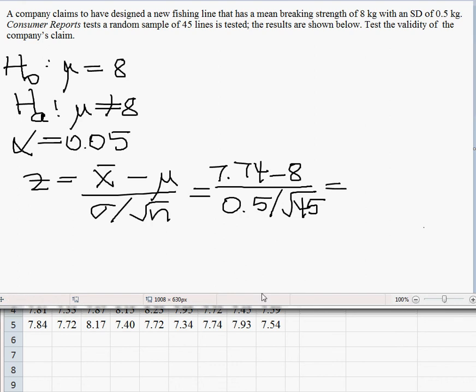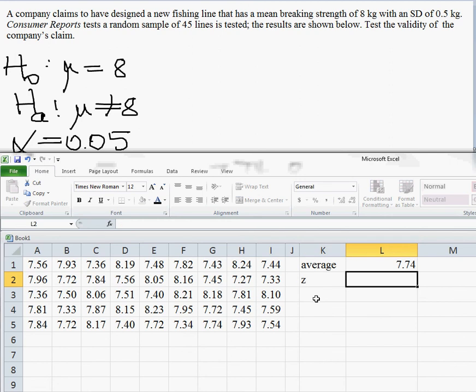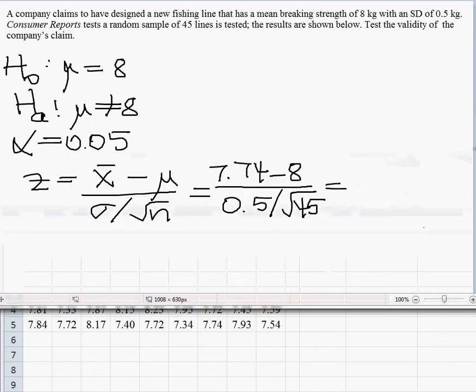So let's compute the z-value. We get 7.74 minus 8 over 0.5 divided by the square root of 45. So negative 3.4883. So let's say negative 3.488 for the purposes of writing this down here.